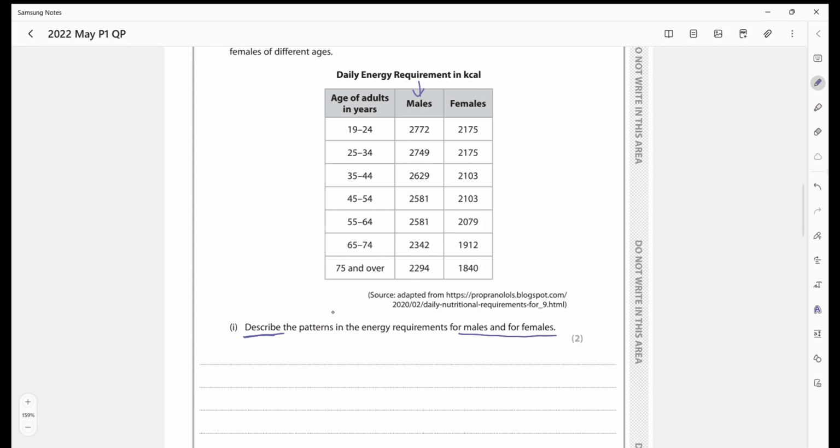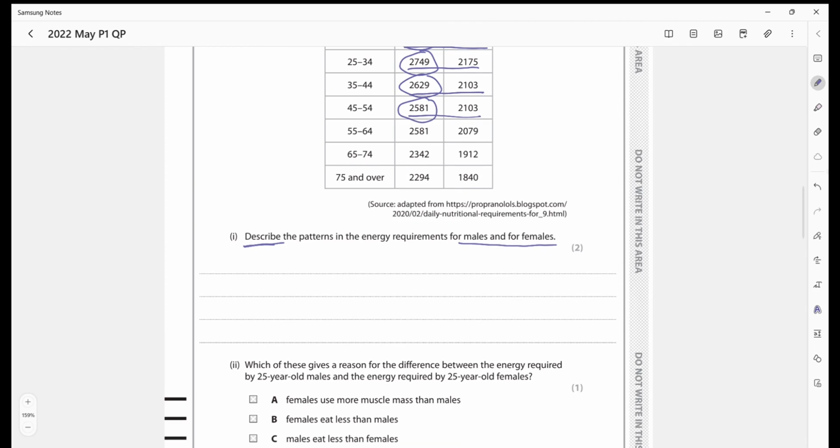So let's compare the two columns here. If we compare these two values, we can see that this is larger. If we compare these two, this is larger, these two, larger, these two, larger. It's pretty much larger for males versus females, right?